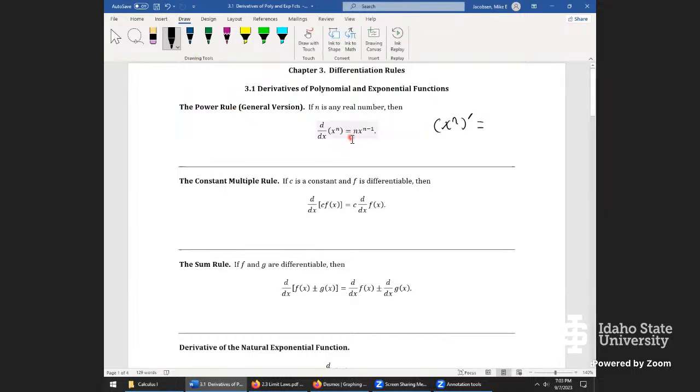Let's take a look at what the formula says right here. The exponent comes down and becomes a coefficient multiplying. So there it is, n. And the new power on x is 1 less, no matter what that exponent was, whether it was negative, whether it was a root 2 exponent, it'll be an n minus 1. So that's our first amazing powerful formula to work through.